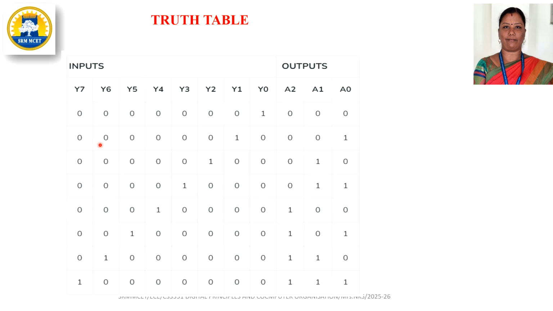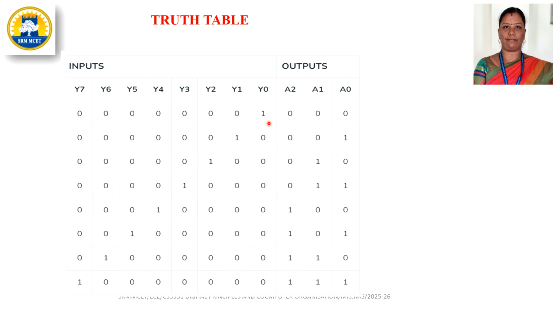This is the truth table of the 8 to 3 encoder. Here the inputs are 8 inputs, Y0 to Y7, and the outputs are A0, A1, A2.